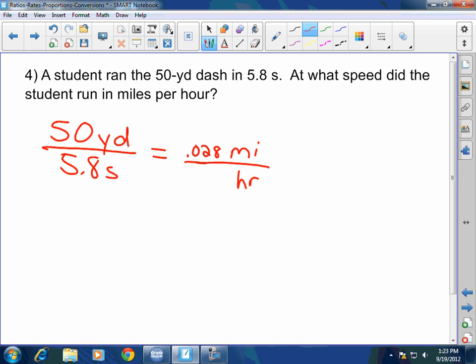So I'm going to divide. So 5.8 divided by 3,600 equals 0.0016. Now, 0.028 divided by 0.0016 equals 17.5 miles per 1 hour.